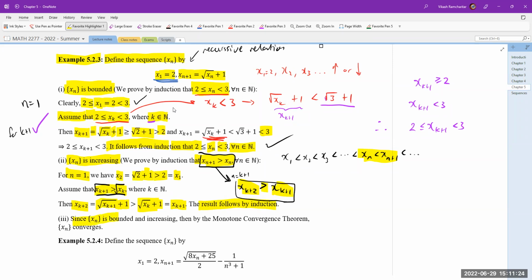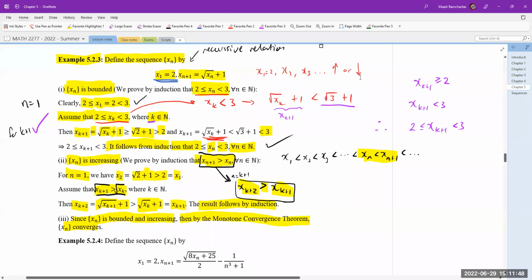So since x_n is a bounded and increasing sequence, by the monotone convergence theorem, it converges. And in this case, if it's increasing, it's going to converge to the supremum of the range of the sequence.